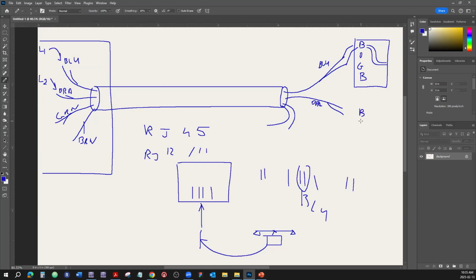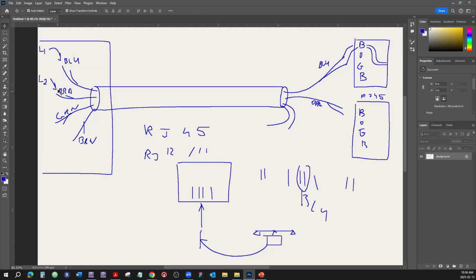Okay. Now we have the second line that also has to be connected to another jack that also has blue, orange, green, and brown. There's an RJ45 jack. Since this is to be just a regular POTS telephone line, we plug in the phone cord. That phone cord is still going to be looking for the signal nowhere else but at the two middle prongs, to which the blue terminal is connected.